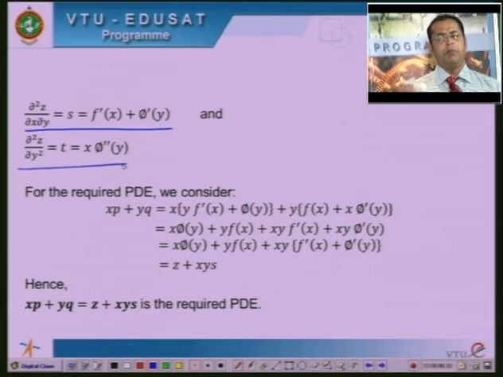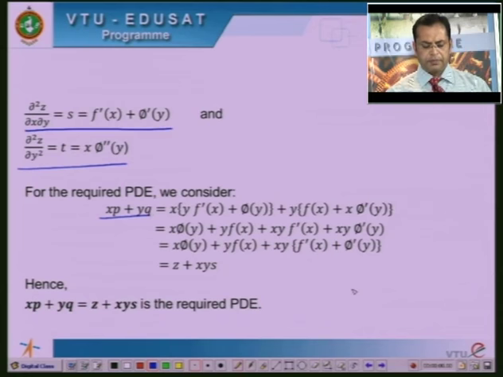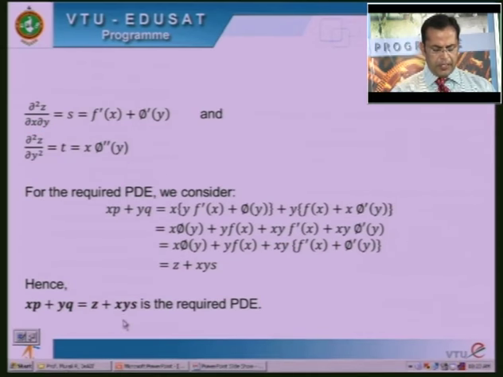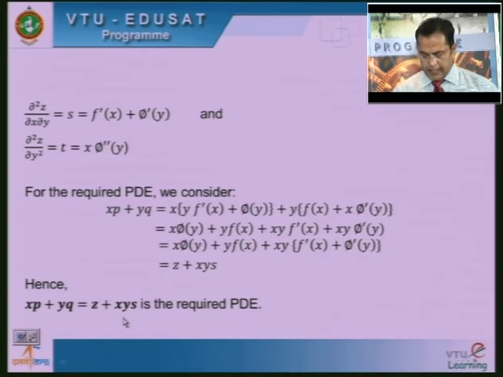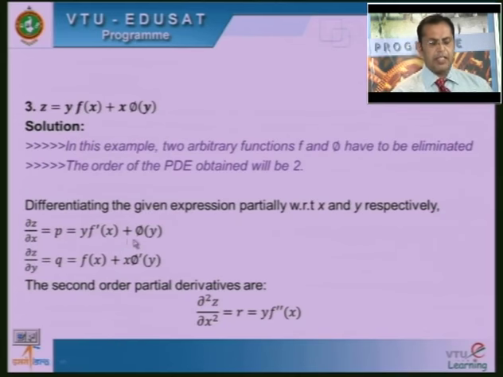Now, how to form the PDE? You consider the sequence xp plus yq, the p obtained earlier in the previous slide. Take the value of x into p, and take the value of p obtained. You can see that here. Take p, multiply it with x.